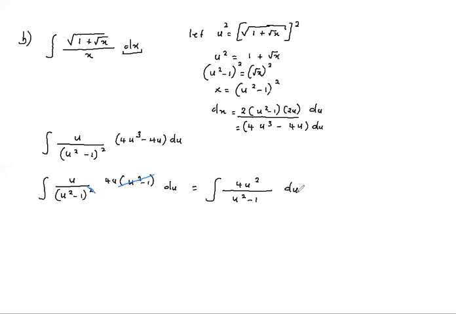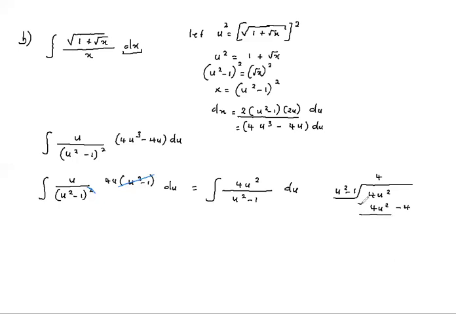At this point, we bring in the long division because the powers are equal, so it becomes an improper fraction. We say u squared minus 1 is outside, and then we have 4u squared. So u squared into 4u squared, we'll get 4, and when we multiply back, we'll have 4u squared minus 4.